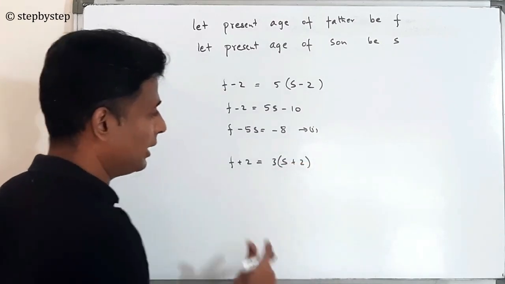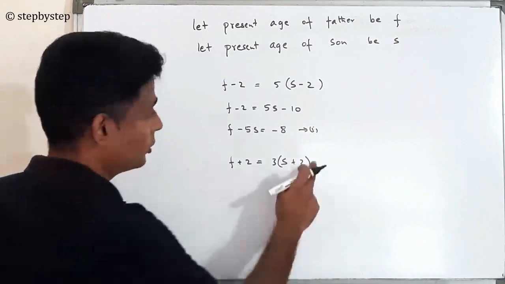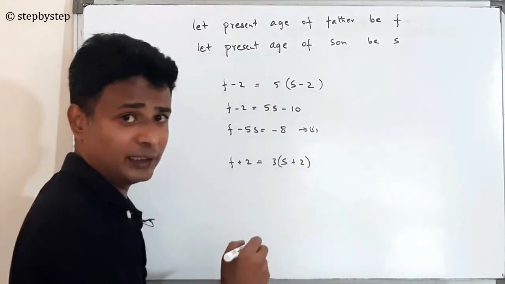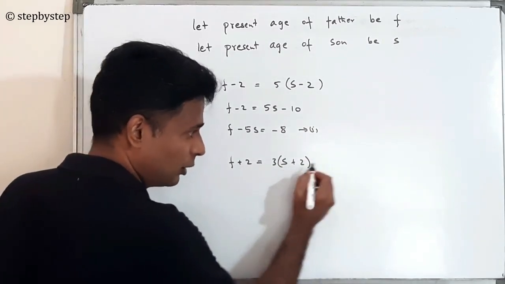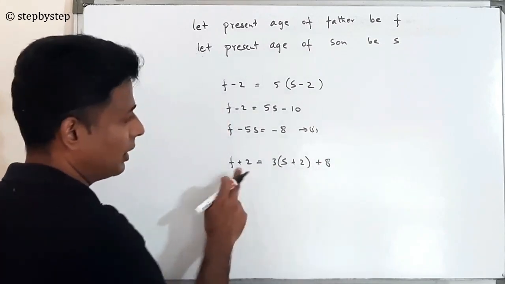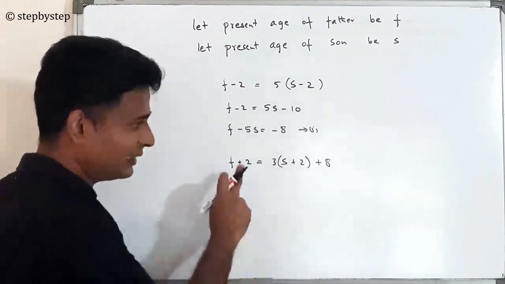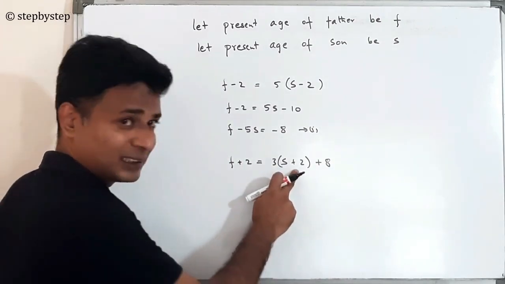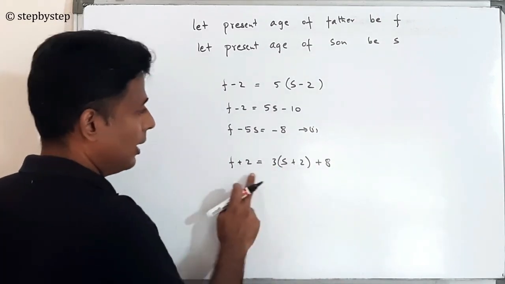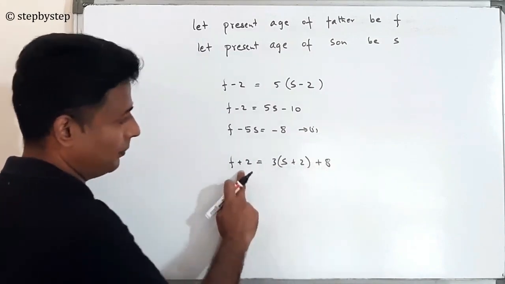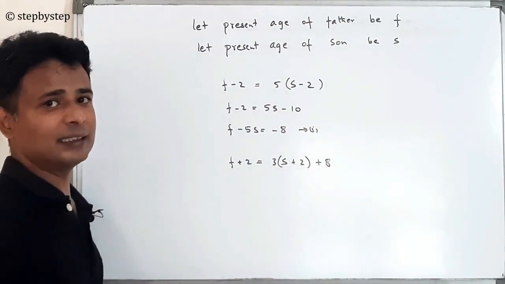So how do we make it equal? This guy's is 8 more. So if we add 8 to 3 times the age of his son, it will be equal to his age. I hope you have understood. They have said his age is 8 years more than 3 times his son's. So 3 times his son's, and if we add 8 to that, it becomes equal to the father's age.